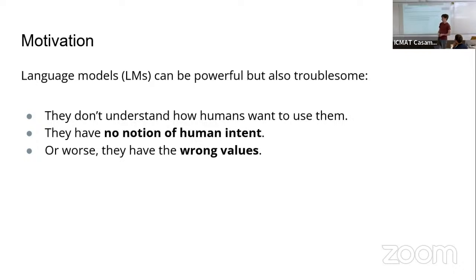For example, when we ask ChatGPT, can we make a bomb with household materials? Then the model tells us making a bomb is harmful and you shouldn't do that, instead of just giving a recipe. They have done that using the techniques that we're going to cover.